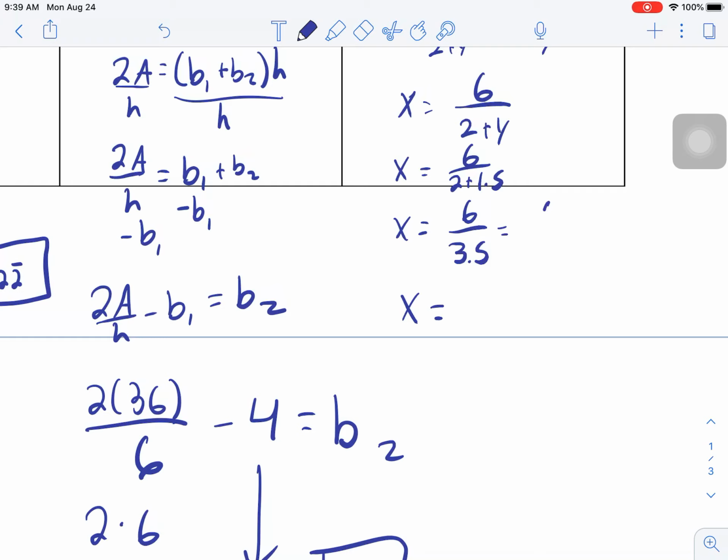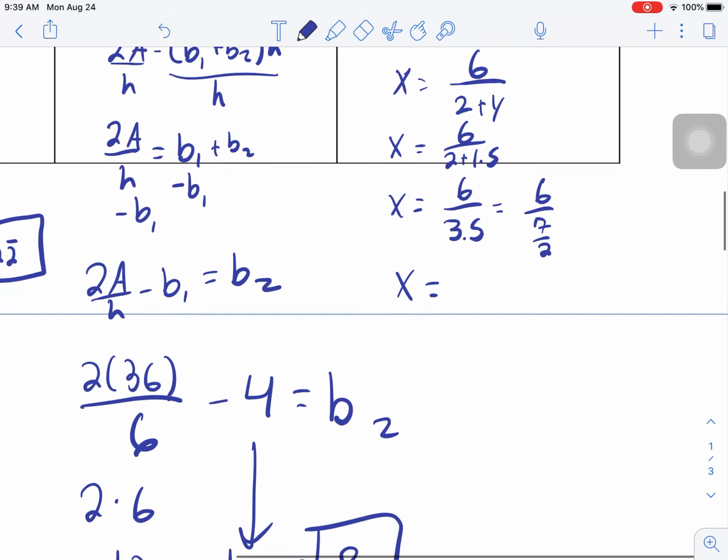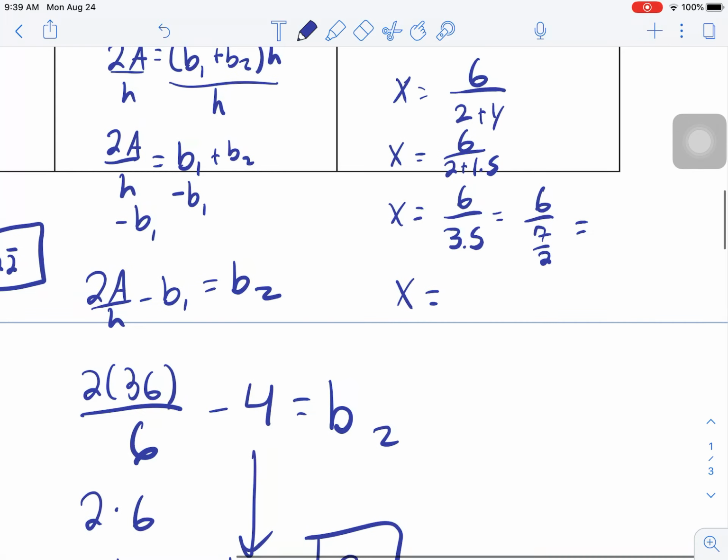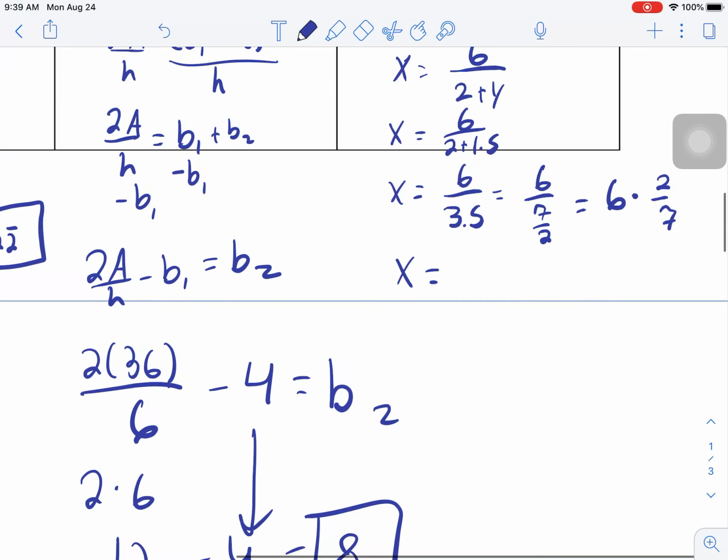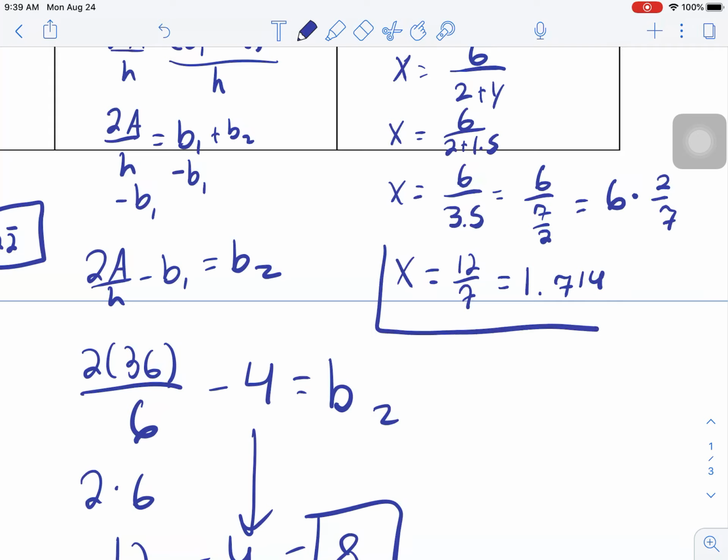Let's go 6 over 3/5 is going to be 7 halves, right? And then let's reduce the fraction. So it's going to be 6 times 2 over 7, which would give us 12 sevenths, or 1.714. Okay.